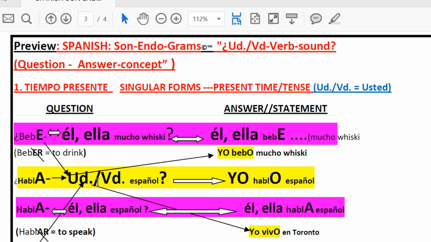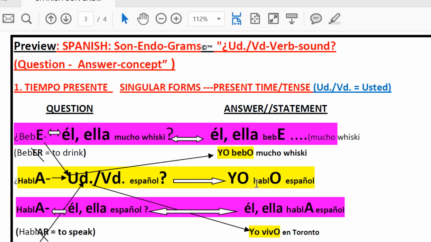If you wanted to ask someone if he or she speaks Spanish, you would say, habla usted español? And if he or she were answering for him or herself, he or she would say, sí, yo hablo español. Yo hablo is the end song which goes with yo, which means, yes, I speak Spanish.